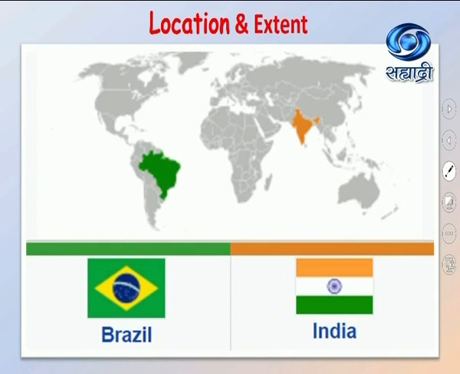Now, some criteria were decided to choose Brazil. Let's see what those criteria are. First of all, both the countries should be located in different hemispheres and continents. It should have a coastline like India, and they both should have the same cultural and natural diversity.